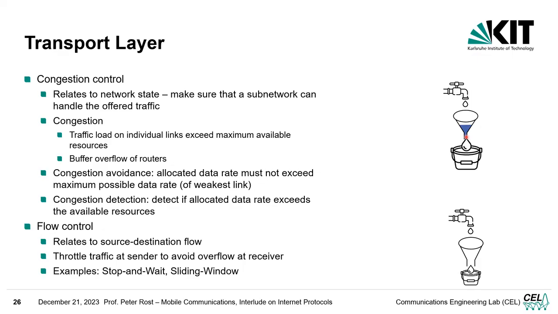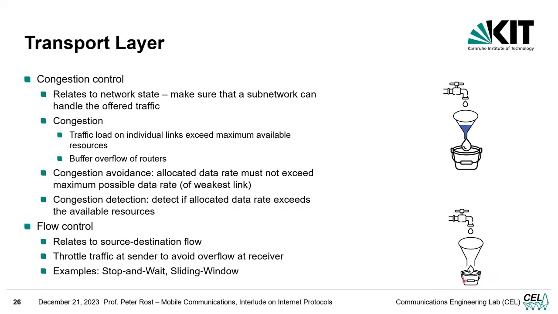So the congestion control is to avoid that we have an overload in our network. And the second one is the so-called flow control. The flow control actually relates to the source-destination link, and typically, how fast can my receiver really process the data?